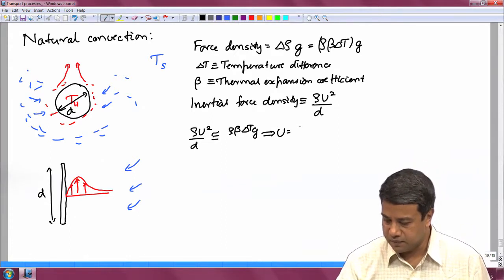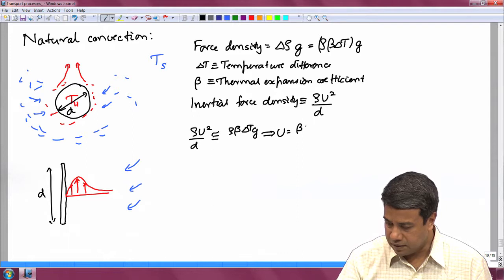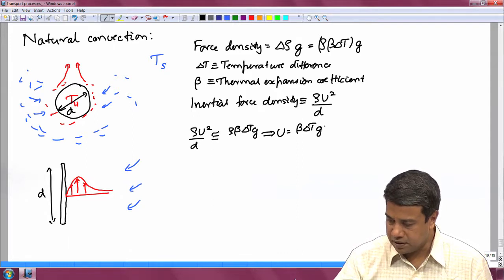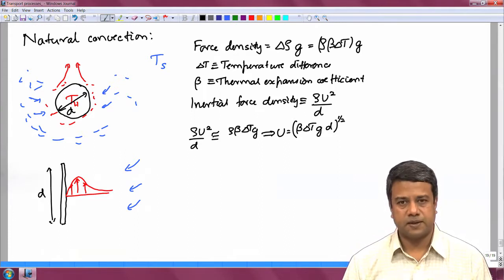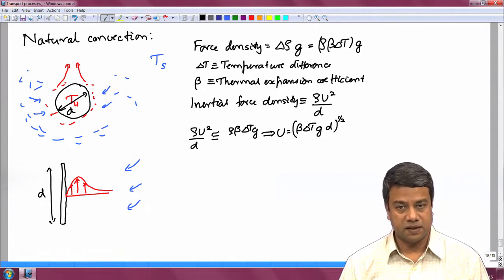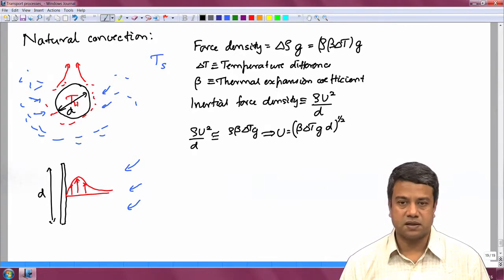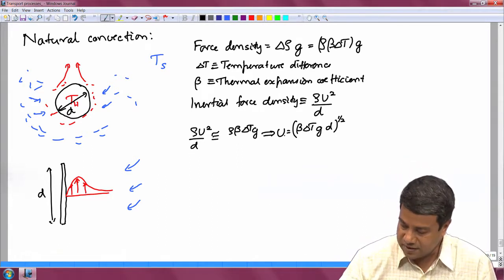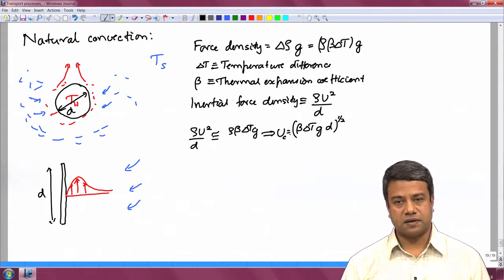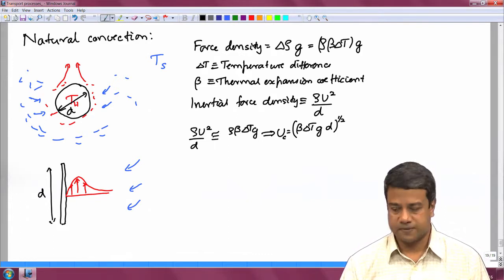U is equal to beta delta T g times d, to the half power. Note that beta delta T is dimensionless, it is a fractional change in volume due to a change in temperature delta T. So, this is the characteristic velocity scale due to convection, the characteristic velocity scale that is generated by the buoyancy forces.